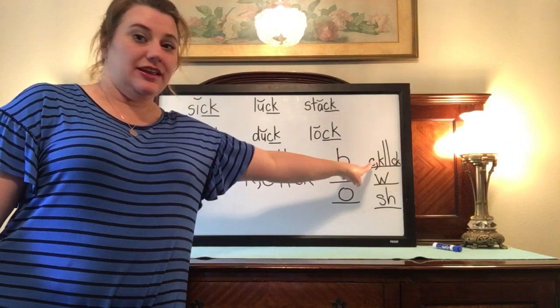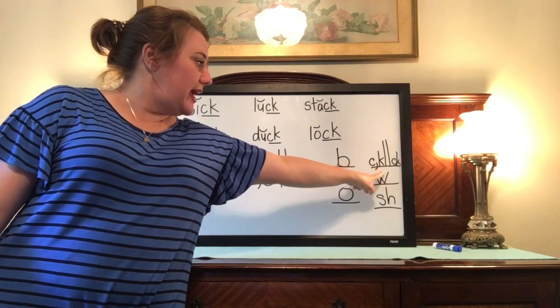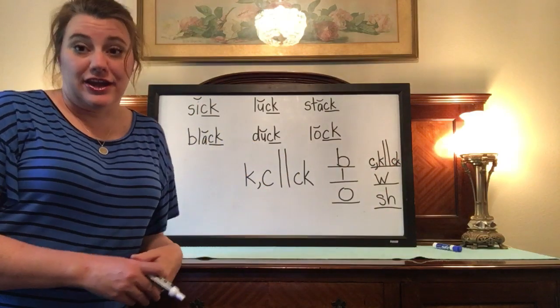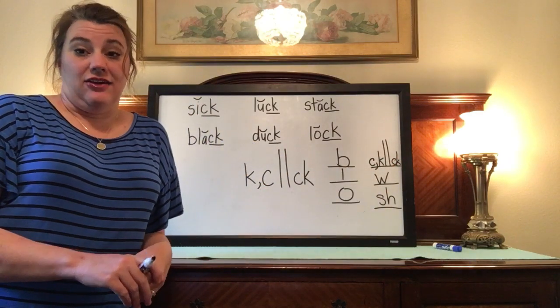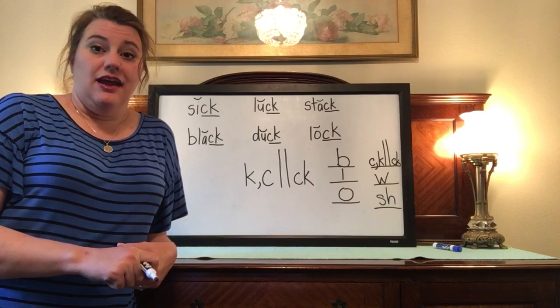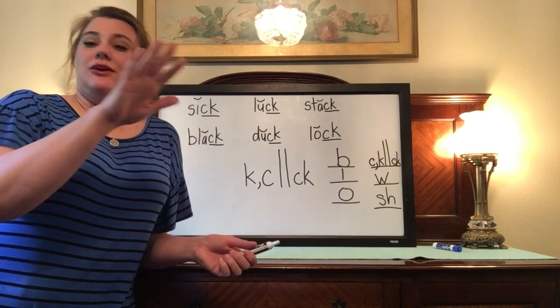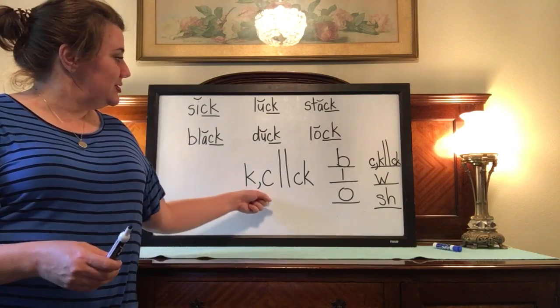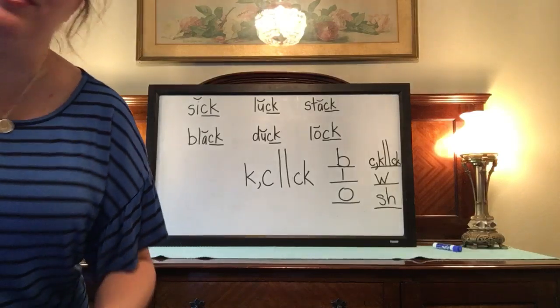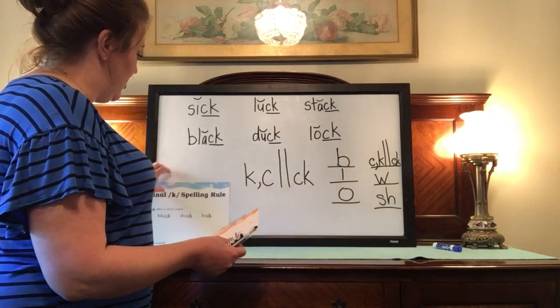See right there how I coded it? K, comma, C, two tall lines, CK. Final digraph, CK, or final K sound, CK, digraph CK. All right, if you have any questions about this new set of rules, you let me know and I will happily walk you through it.